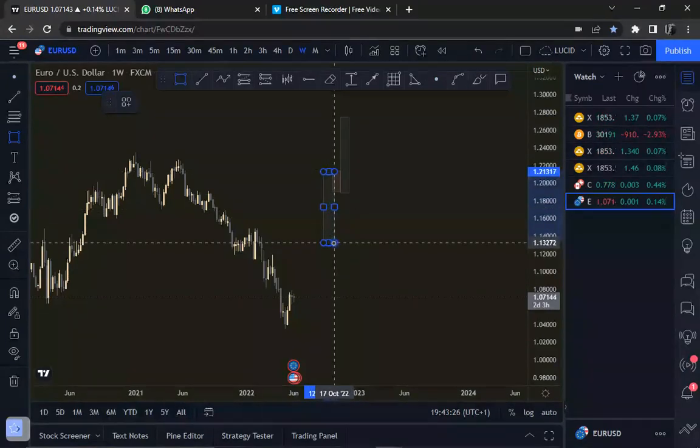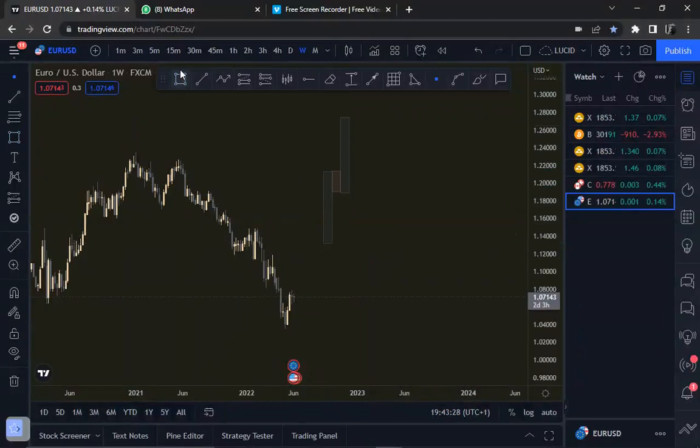Let's say we have this inside bar here. Let me just map this out. Let's say we have this inside bar here, and these candles.